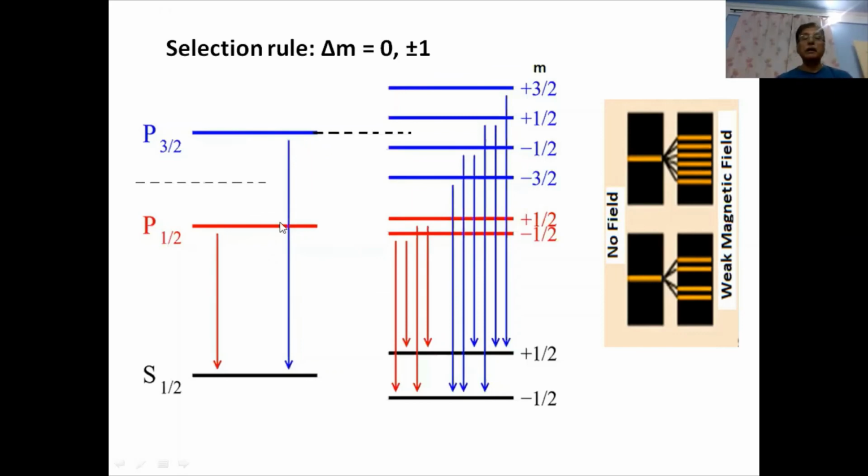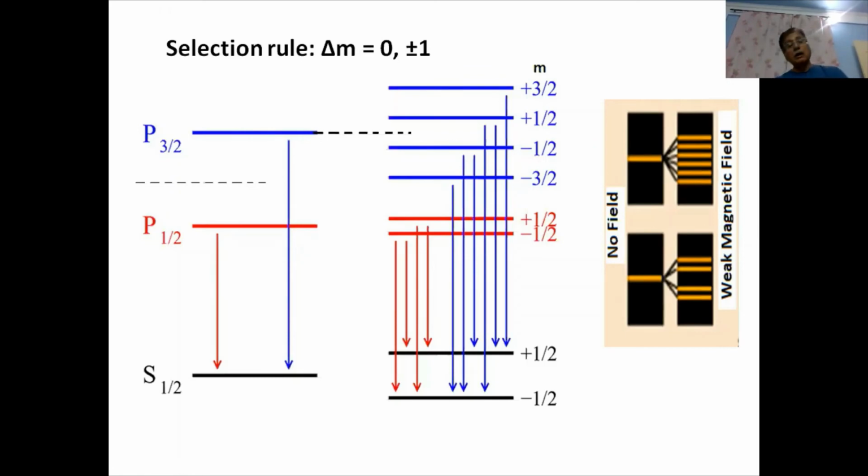There is no field applied. And once we apply the field, this level P 3/2 is split like this: plus 3/2, 1/2, minus 1/2, minus 3/2. P 1/2 is split into plus 1/2, minus 1/2, and S 1/2 is split into plus 1/2 and minus 1/2. The exact magnitude of splitting is given by mg Lorentz unit.